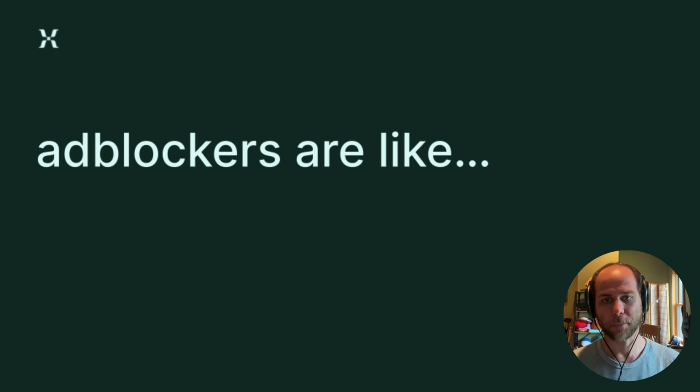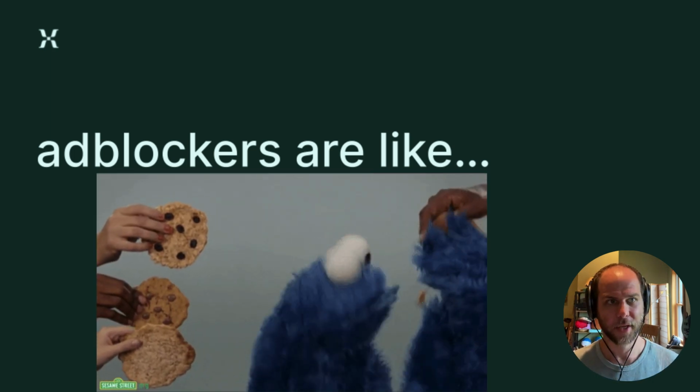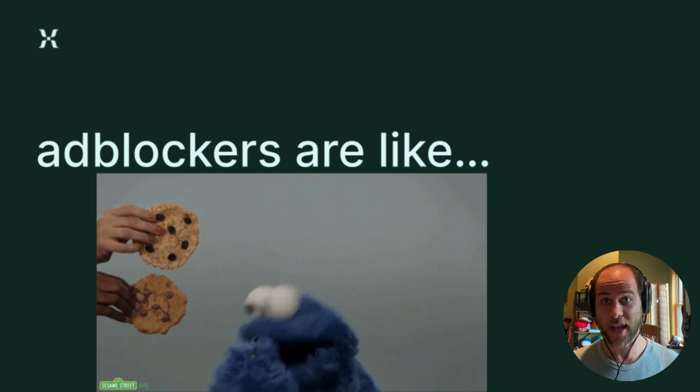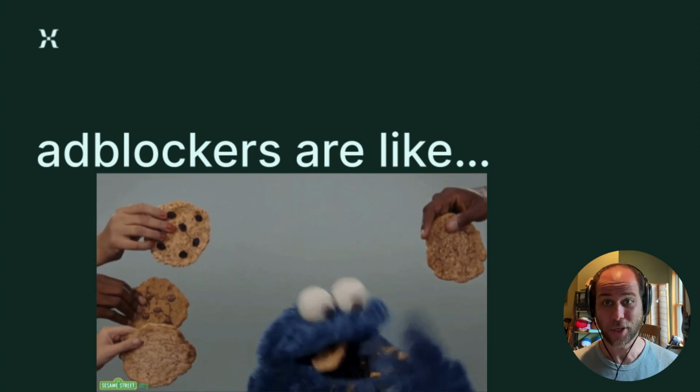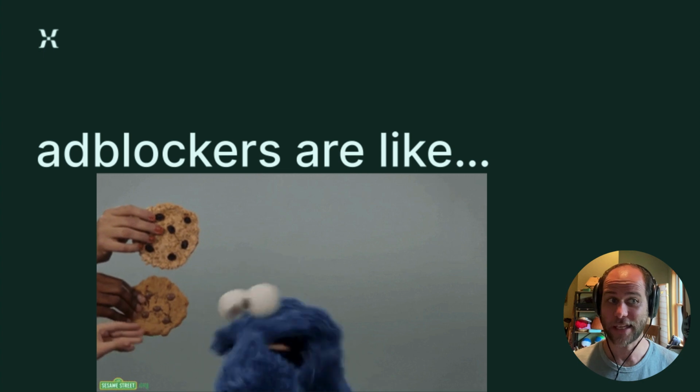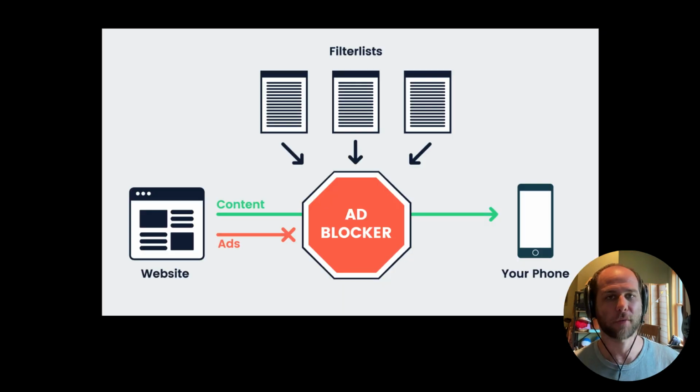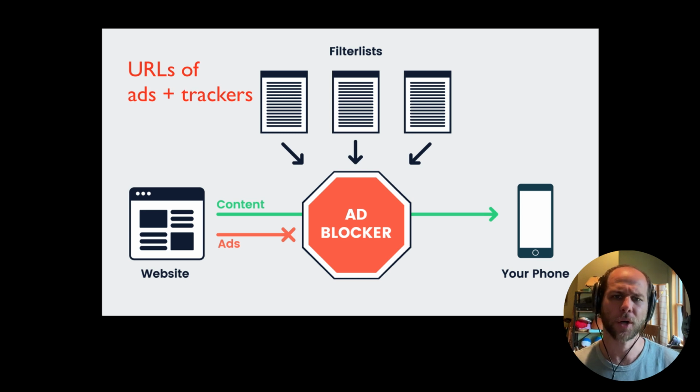So let's talk about ad blockers. At a high level, ad blockers are like Cookie Monster. They love to eat cookies, and they will eat anything that looks like a cookie, even if it actually isn't a cookie. More correctly, ad blockers keep an up-to-date list of URLs which are known as advertising, tracking, or pop-up generating services.